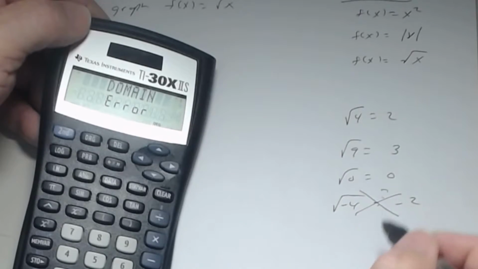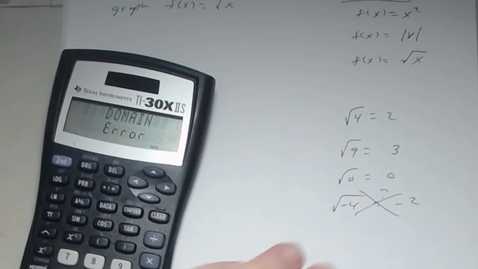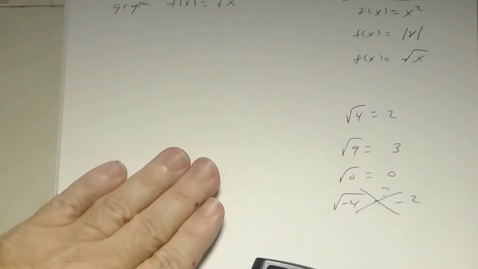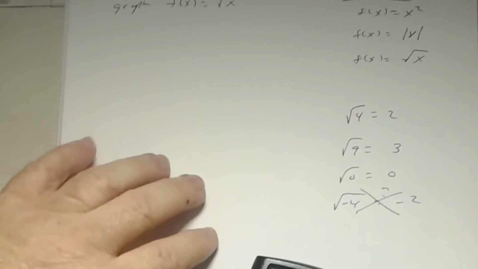In this course, you're going to learn something called imaginary numbers. So it's not a real number, but it's an imaginary number that you're going to need when we get into solving quadratic equations. But the square root of negative 4 is not a real number, and we're only graphing real numbers here. So you cannot take the square root of a negative number.